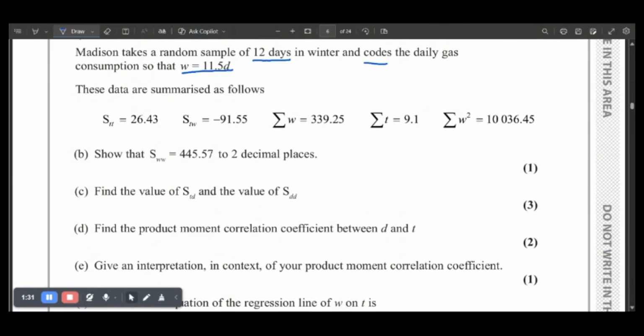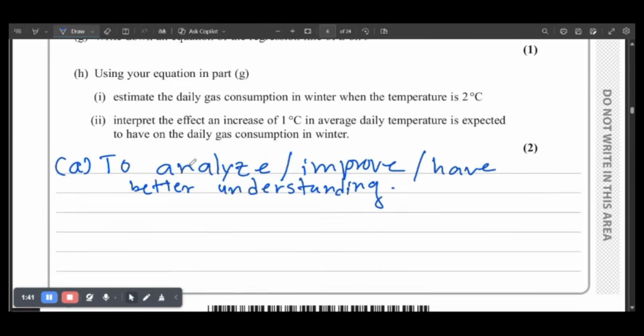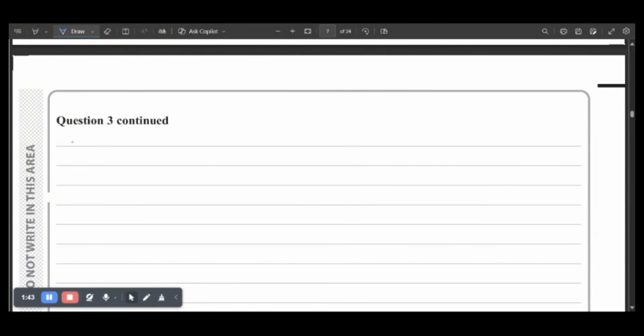Some summary of the data is given to us. We have to show that SWW is equal to 445.57. How will we show this? For part B, we have to find SWW.